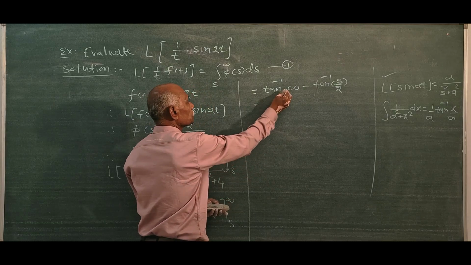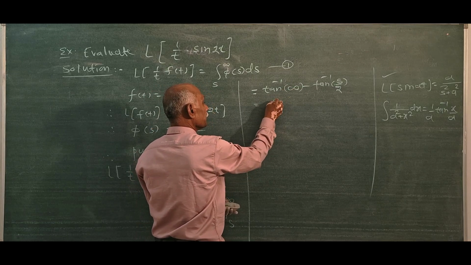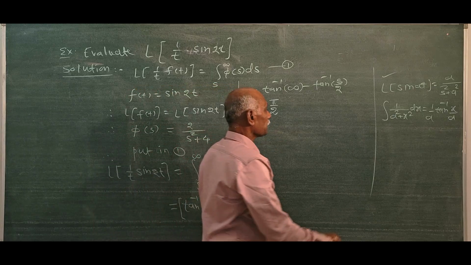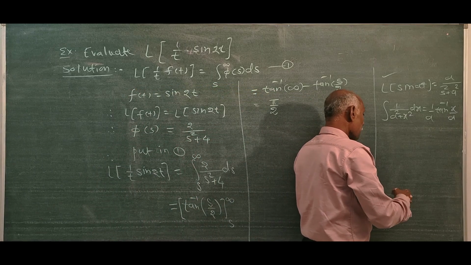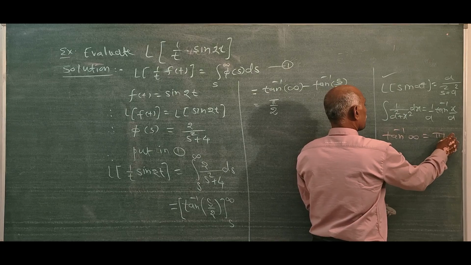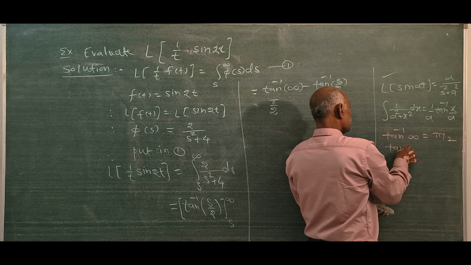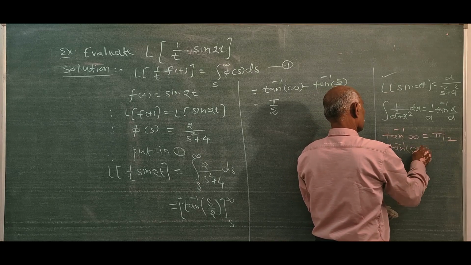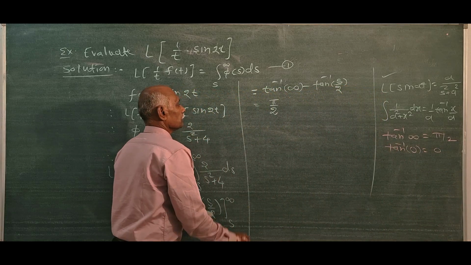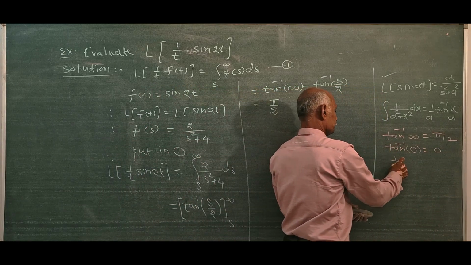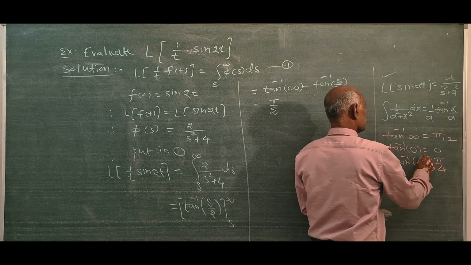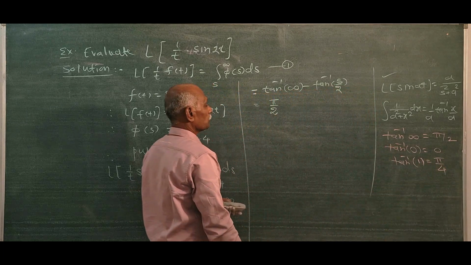But now what happens to infinity? Tan inverse infinity is pi by 2. This is also a standard formula which you have to remember, right? Tan inverse infinity is equal to pi by 2. Tan inverse 0 is of course 0. Tan inverse 1 is pi by 4 because tan 45 degrees is 1.